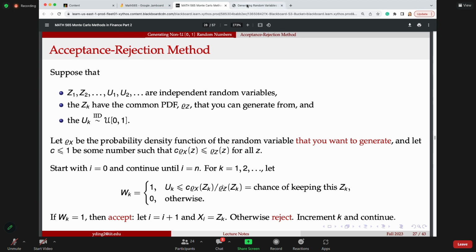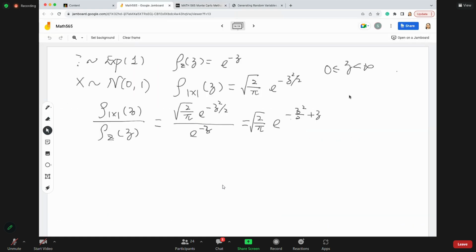Then we try to find the maximum value of this one for any c. How can we do this? We try to complete the square. But is that right?